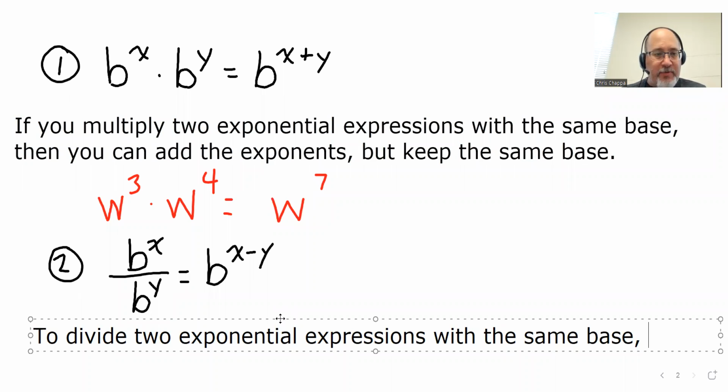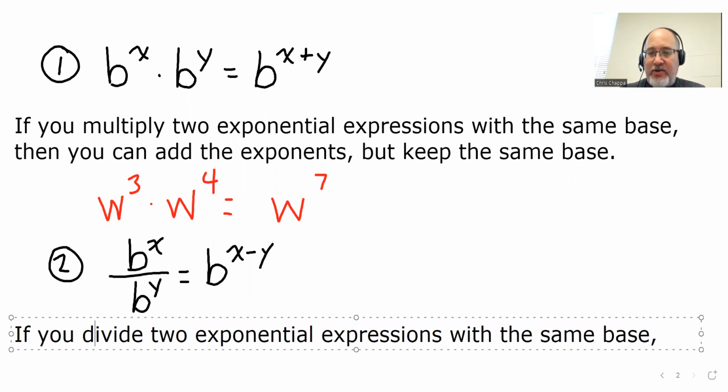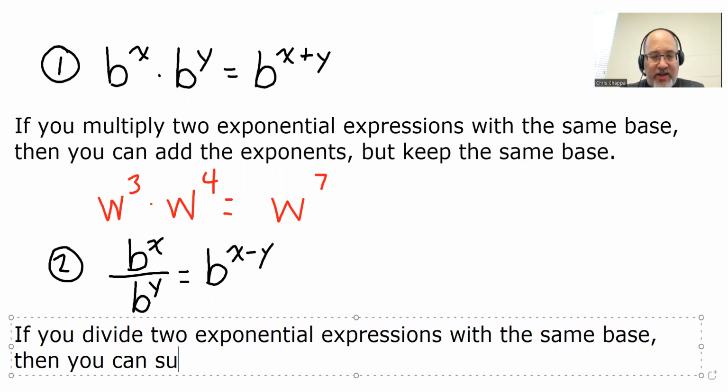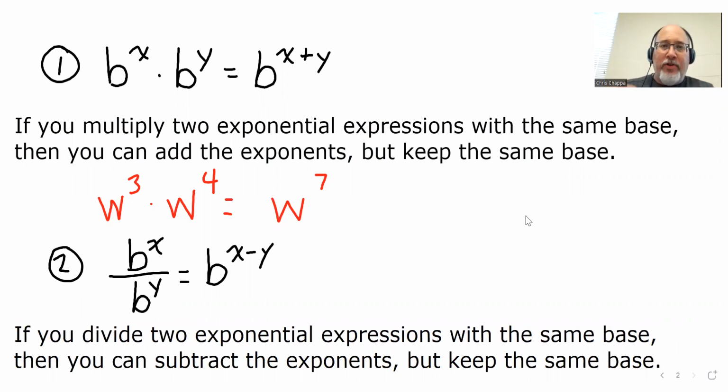Let's try that again. If you divide two exponential expressions with the same base, then you can subtract the exponents, but keep the same base. I don't really have room to do a red example here, except I do if I just show you up here. Let's put it in red.